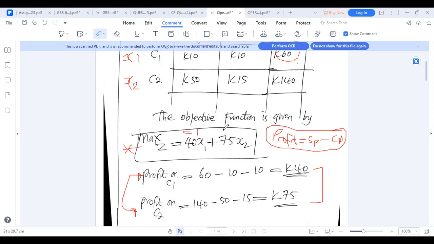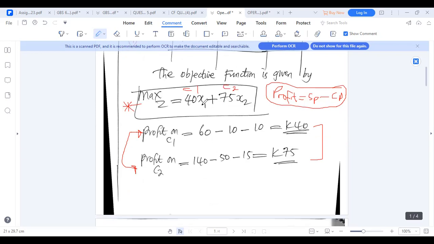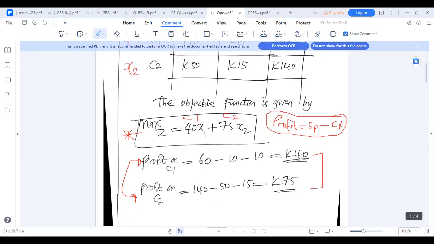And this is the total profit on C2, which is the profit on C2, 75, multiplied by how many units we are producing on X2. X2 is representing C2, and our C1 total profit will be 40x1. So this is how we are getting the objective function.